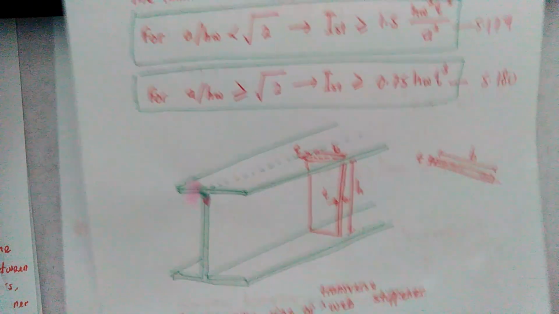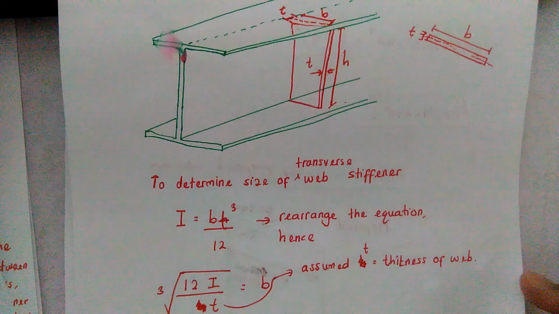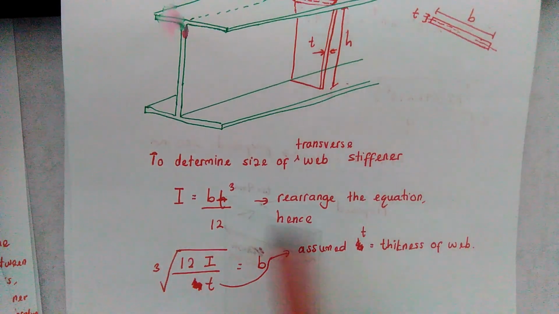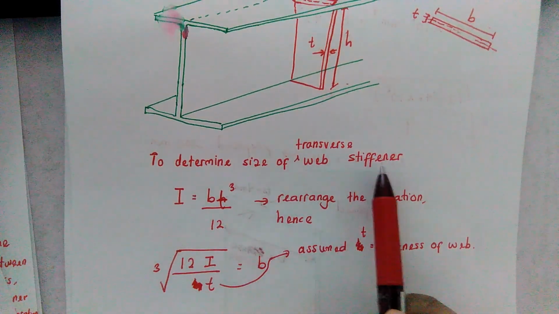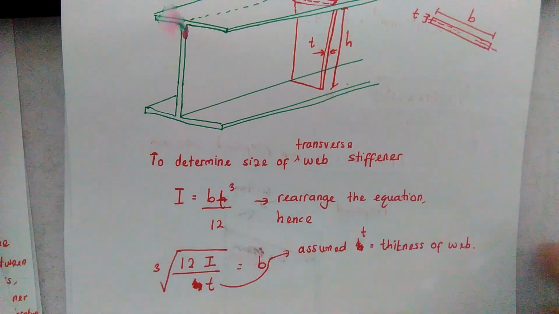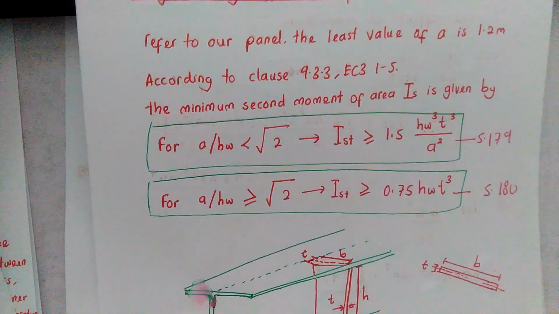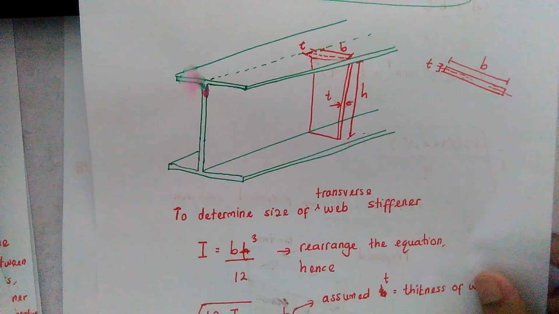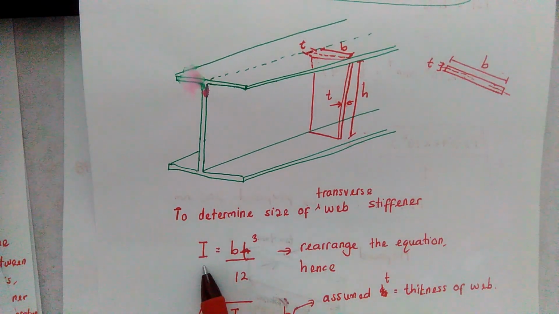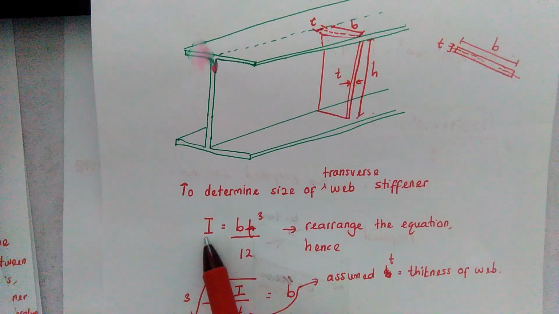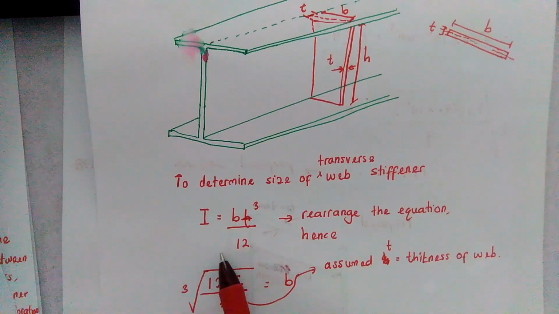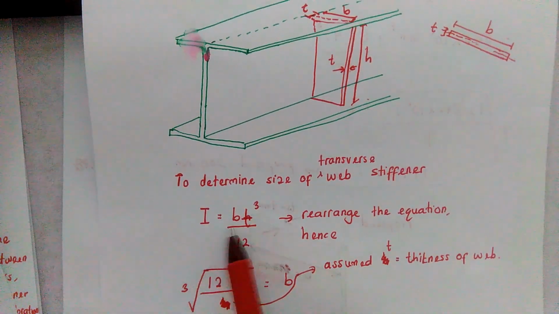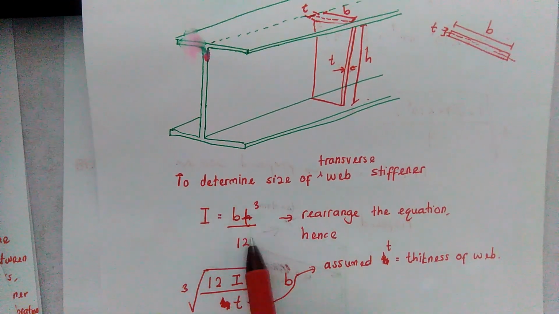So from that equation, to determine the size of the transverse web stiffeners, you need to rearrange the equations. You know that the second moment of area for a rectangular section is BT cubed over 12.